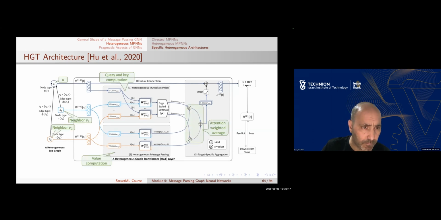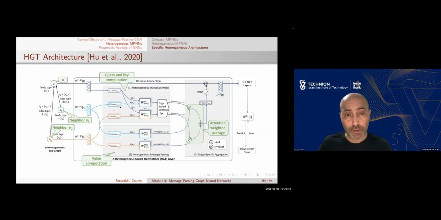It's basically like that. We have two neighbors, V1 and V2, which are called here S1 and S2. Here we have a layer that computes the query and key for each neighbor.